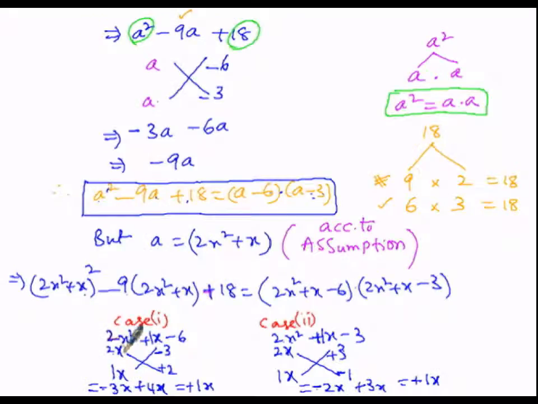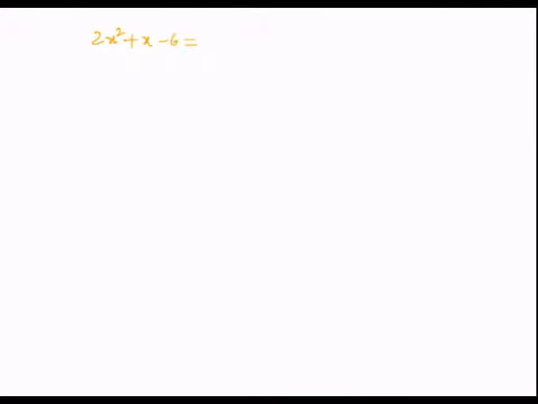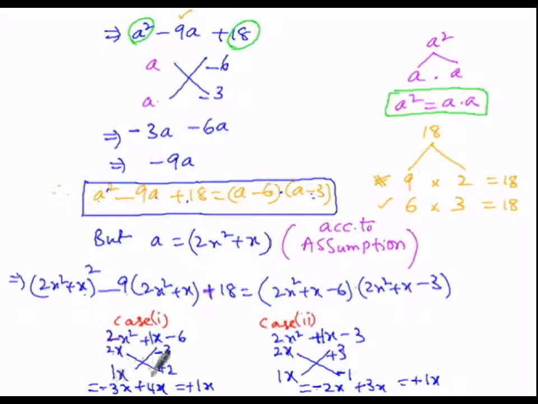So in this manner, for 2x square plus 1x minus 6, the factors are 2x minus 3 and x plus 2.